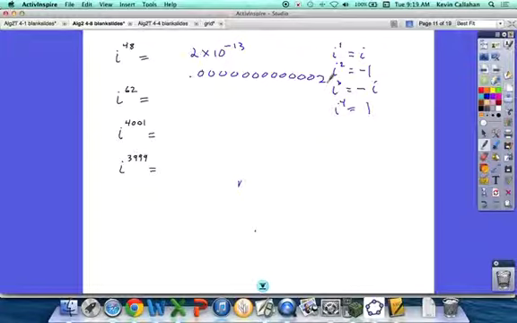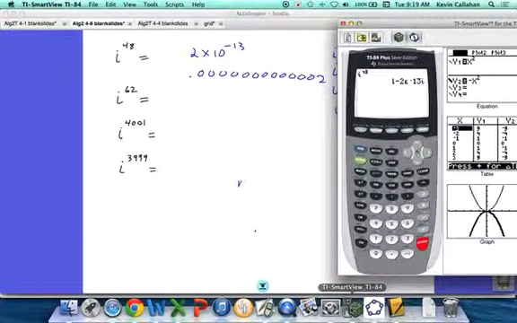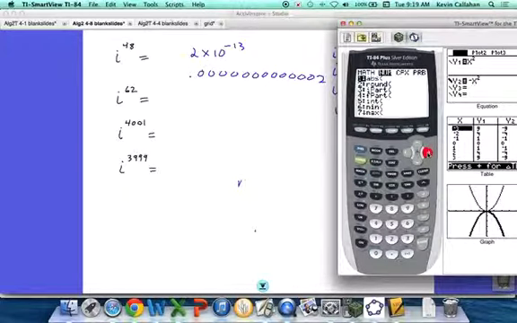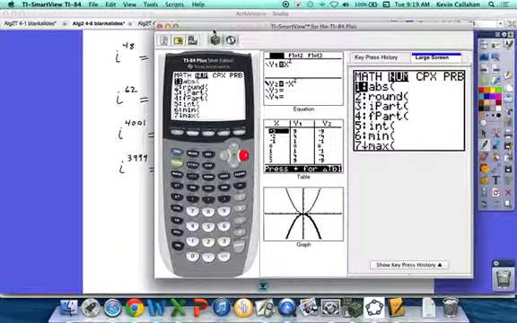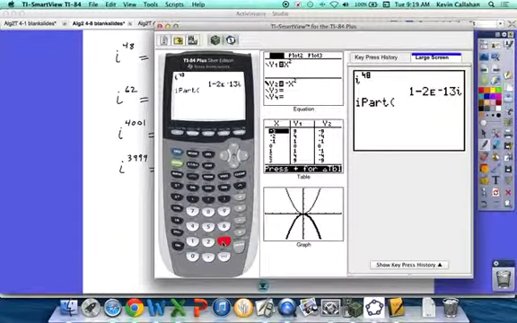Here's how you get the calculator not to give you that E thing, right? Go to Math and arrow over to the NUM, and then this number 3, the i part, right? If I hit the i part, and now inside the parentheses, let me put the i to the 48th.